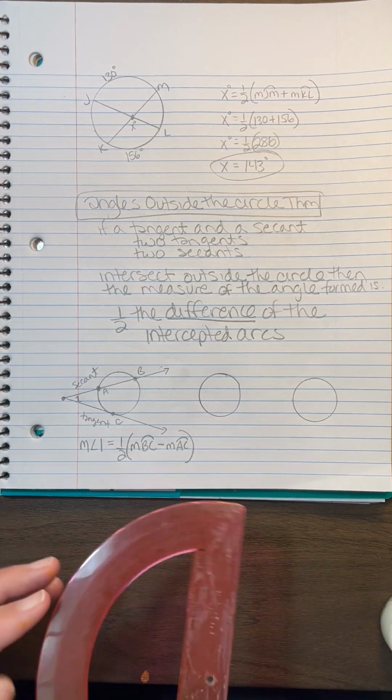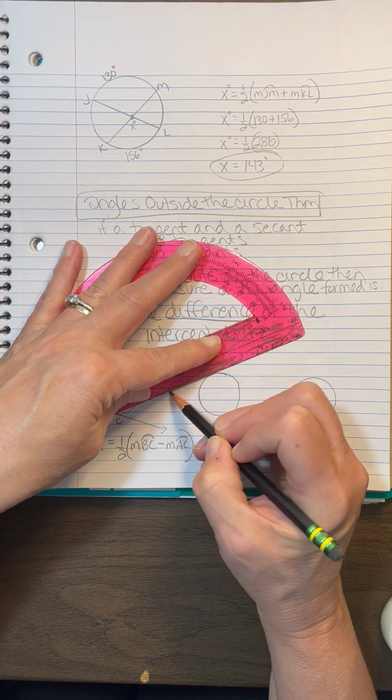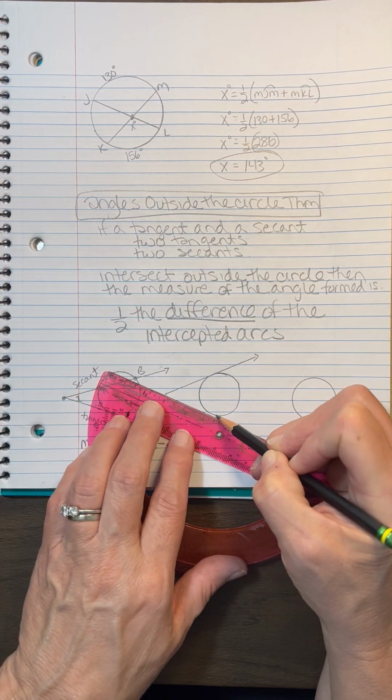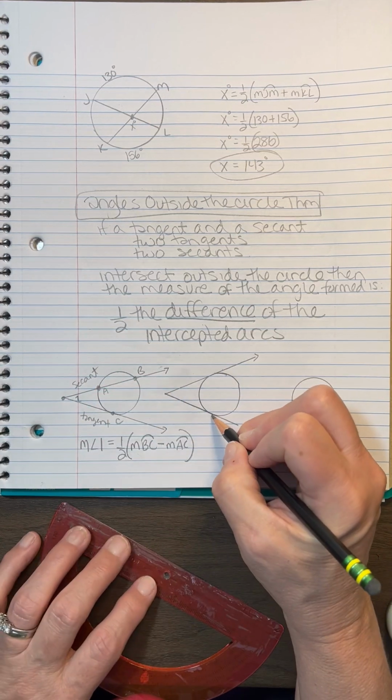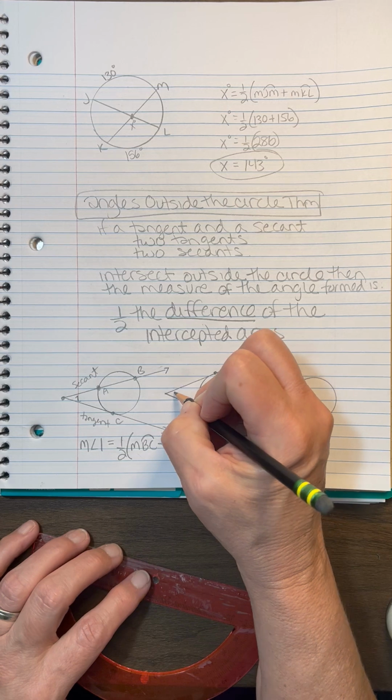All right, the second scenario are two tangents. So we have one tangent, we have two tangents. Okay, they form an angle out here. We'll call that angle 2.